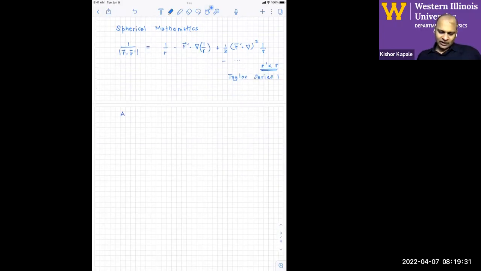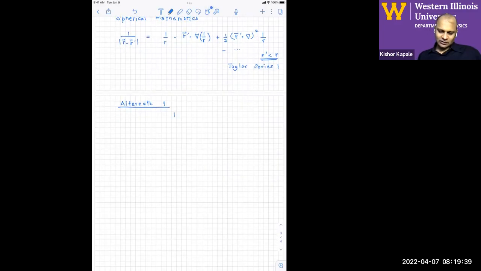The first alternate method we are going to use is the binomial expansion. And again, the idea is the same.